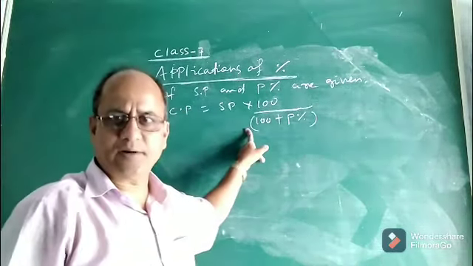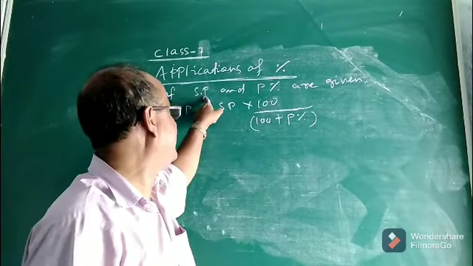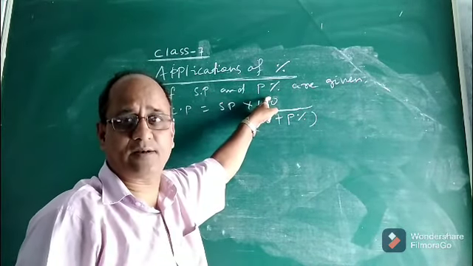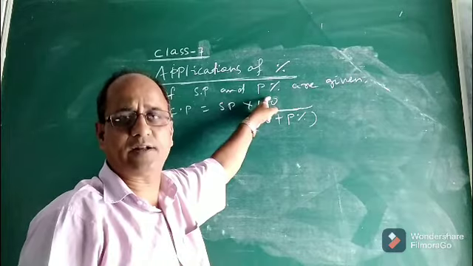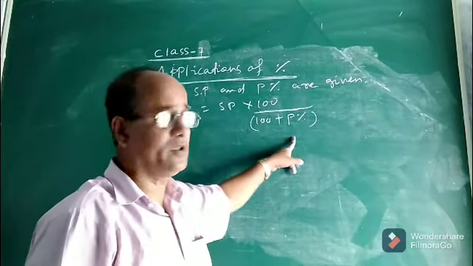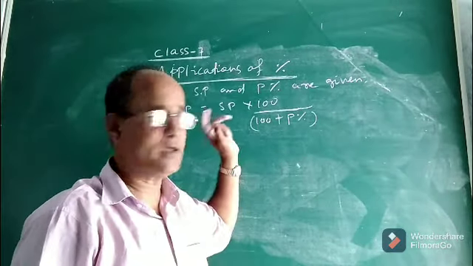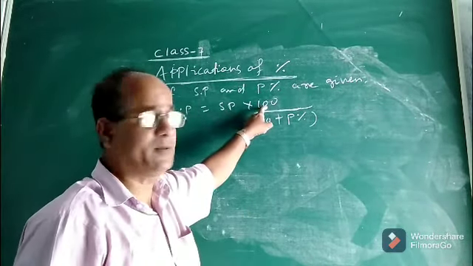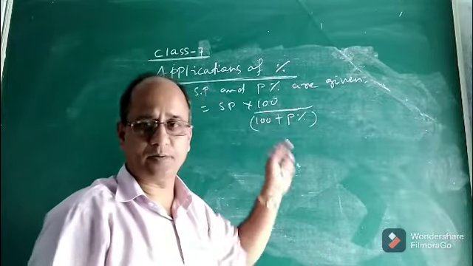Look at children, this is completely new. When you are given the selling price and profit percent of an article in a transaction or business, in order to calculate the cost price, you have to use this formula. Please keep it in mind. That means selling price multiplied by 100 divided by 100 plus profit percent.